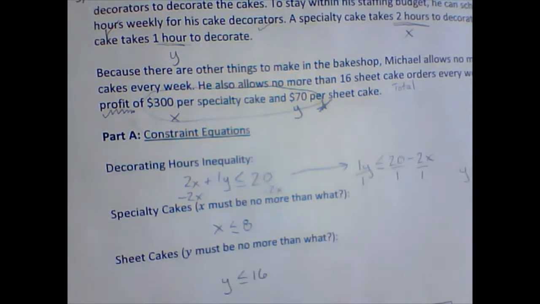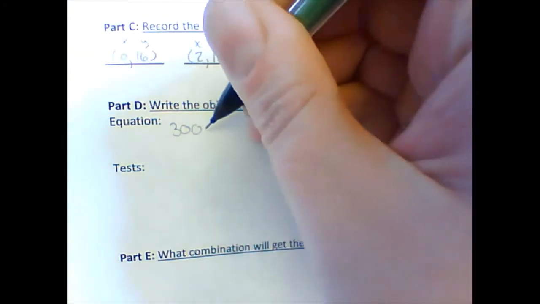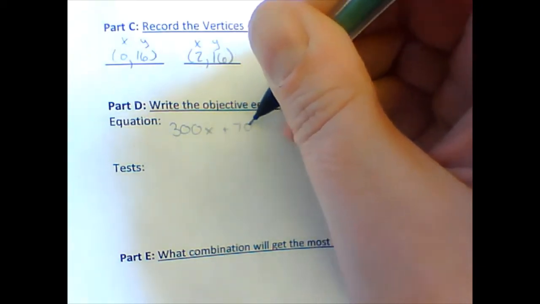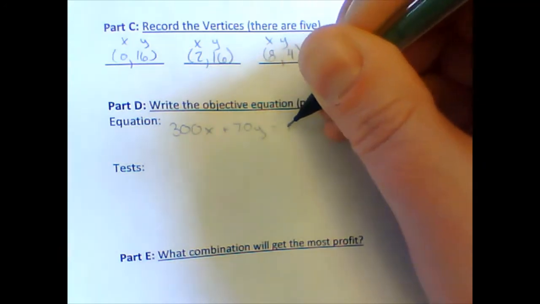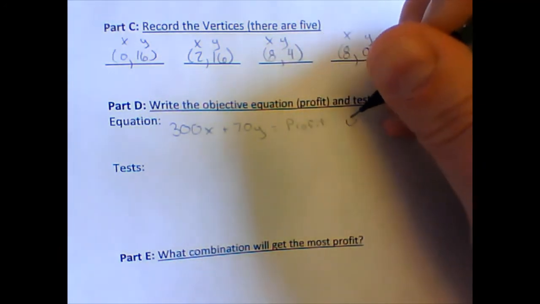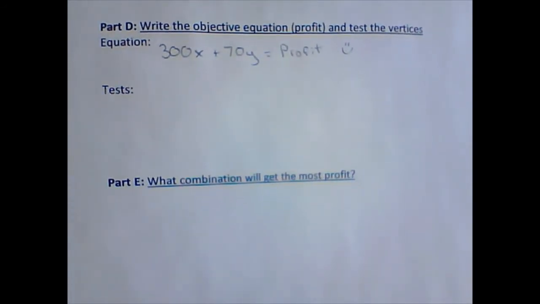So I'm going to record the profit equation. The profit equation had 300x, those were the specialty cakes, plus 70y, and that equals the profit. This is not an inequality like the others. It equals money. We like money. Money makes us happy if we're a business owner.